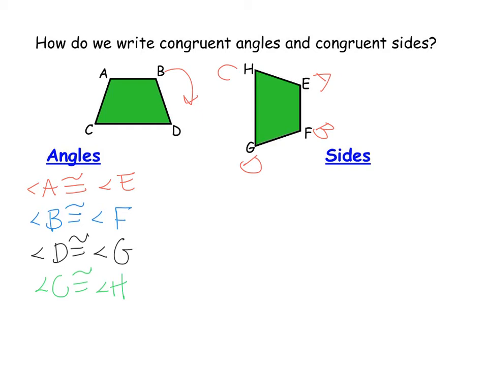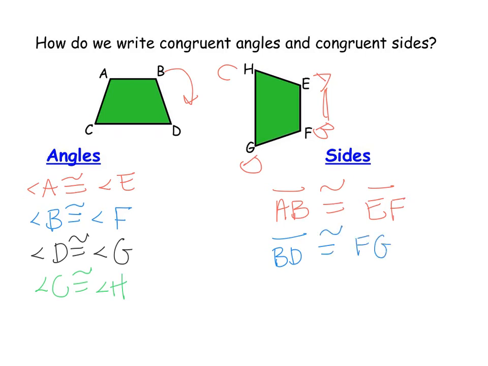Congruent sides, let's look at that. I can say that side AB is congruent to side EF. Notice that AB and EF would be one right on top of the other if I lined up these polygons. I can say that side BD is congruent to side FG.